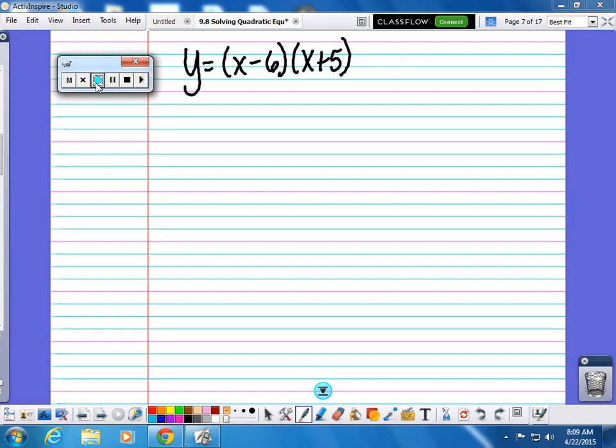But all right, so this one's been pre-factored. I'm looking for the x-intercept, so I plug in 0 for y. All right, you find the 2 x-intercepts.